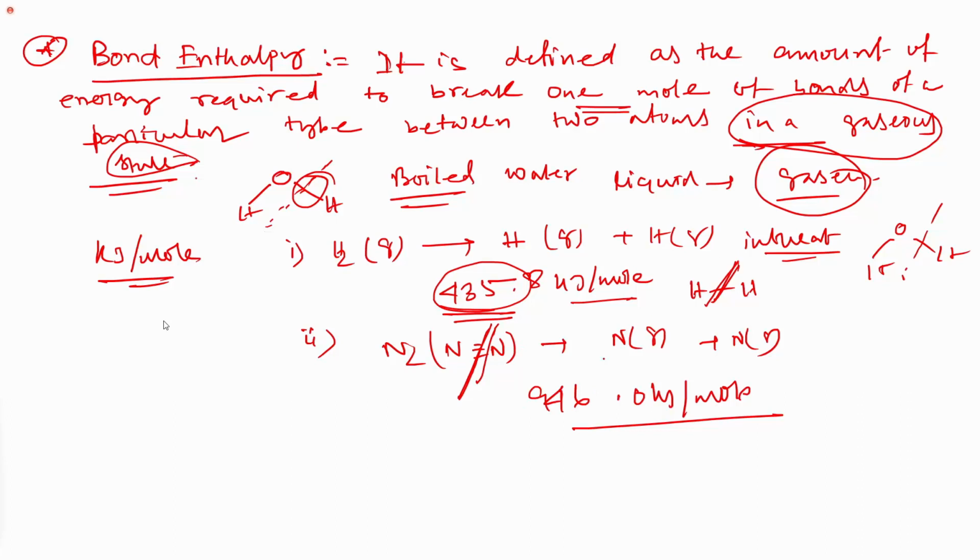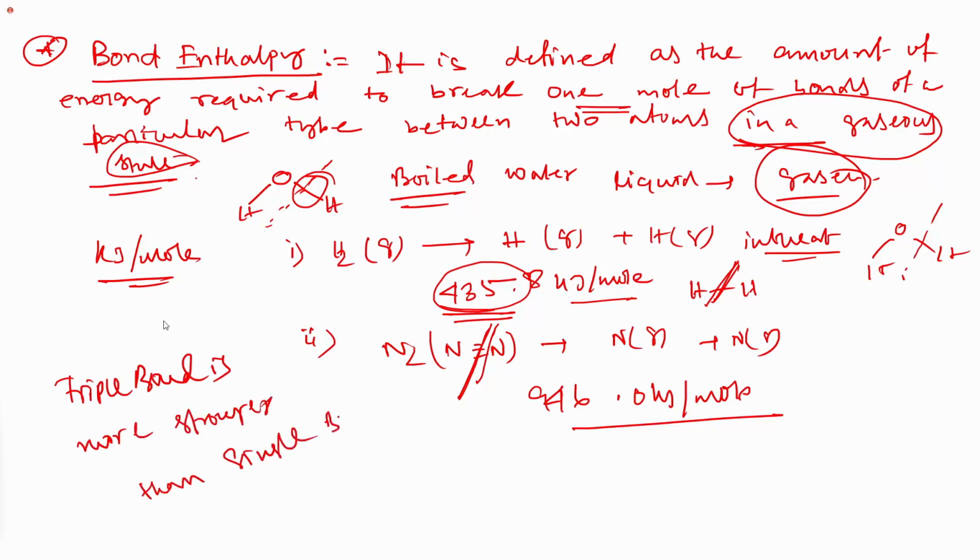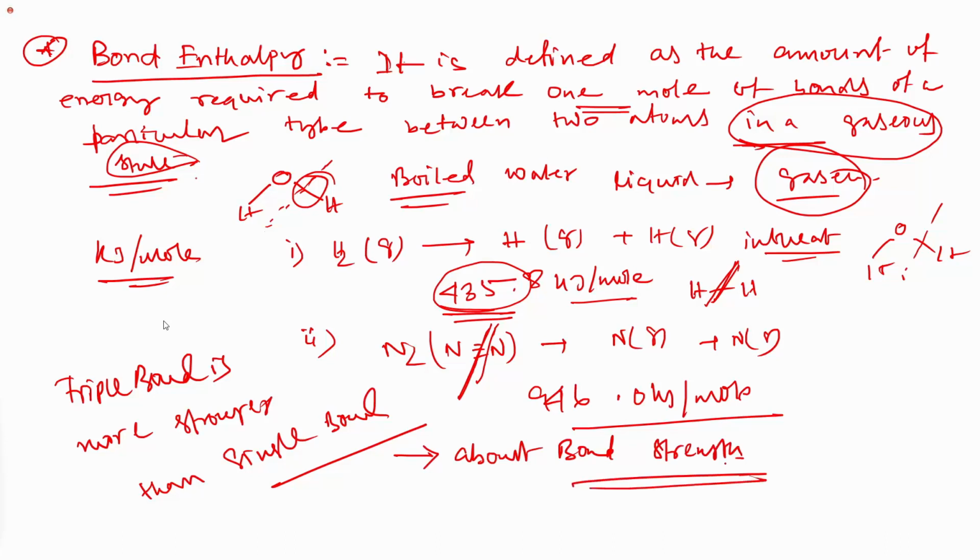So from that value, we can say that a triple bond is stronger than a single bond. So from the bond enthalpy value, we can know about bond strength.